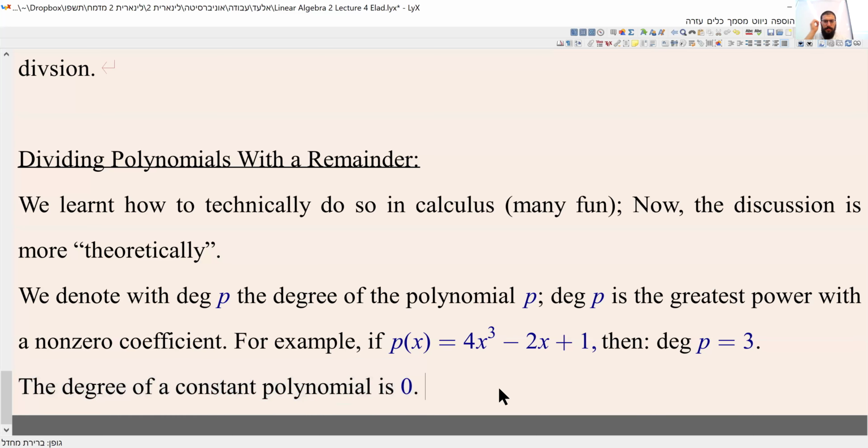So, the zero polynomial, which is always zero, whatever you put in.